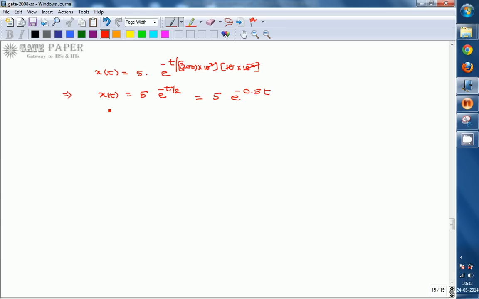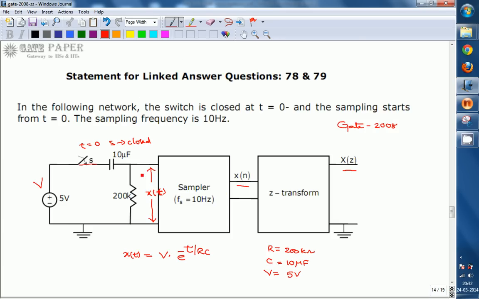This is the output obtained from the RC circuit across the resistor.